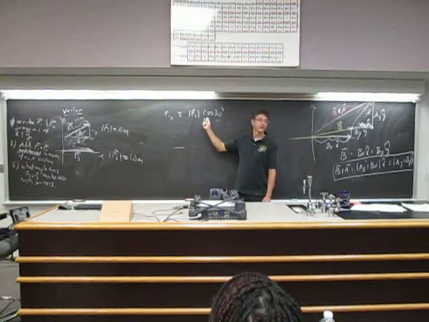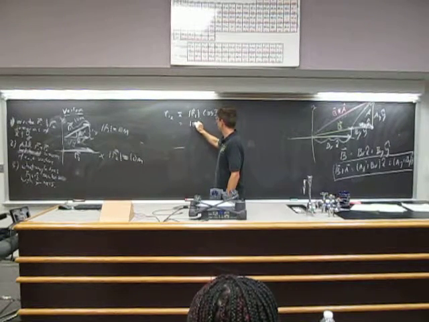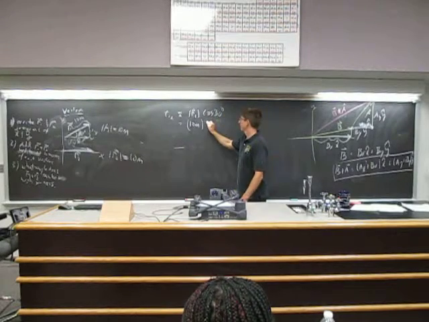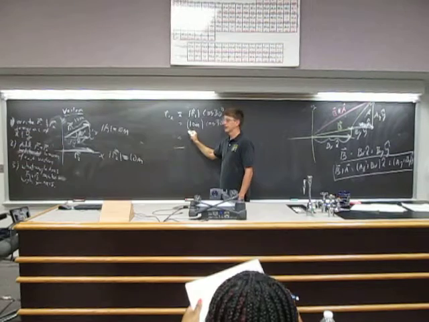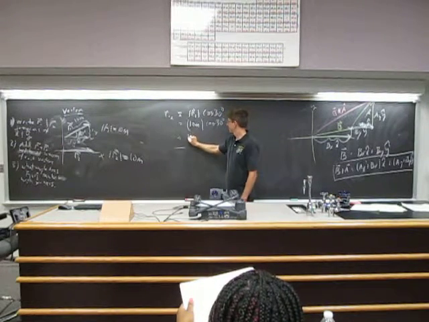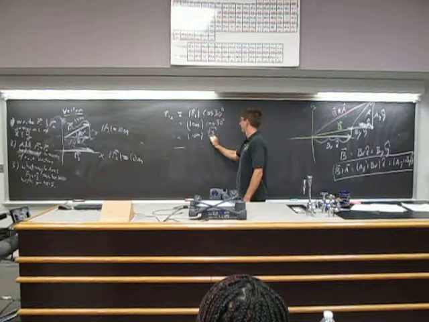See where I got that? Okay, that would be 10 meters times cosine of 30 degrees. What's cosine of 30 degrees? Oh, that's square root of 3 over 2. 8.6. Okay.